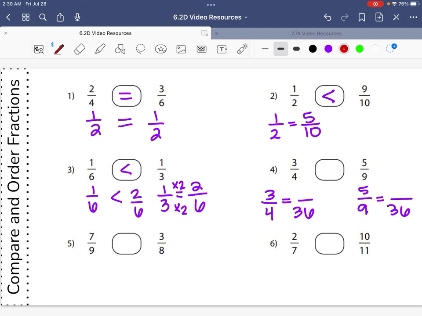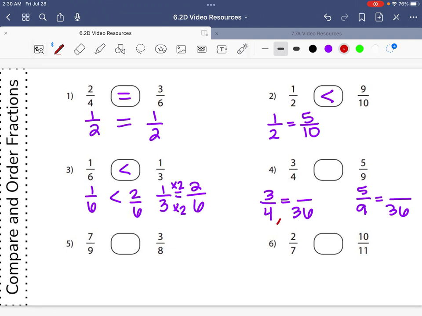And for the first one, I see that to get from 4 to 36, I'm scaling up by 9. So 4 times 9 is 36. So 3 times 9 is 27. I'll take that same kind of thinking when I look at the next problem. So 9 to 36, I'm multiplying by 4, or I'm scaling up by 4, which means I'm also scaling 5 up by 4.